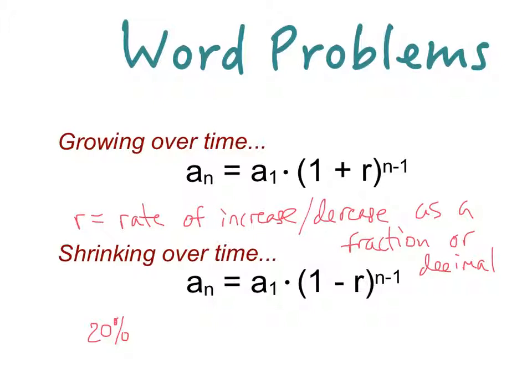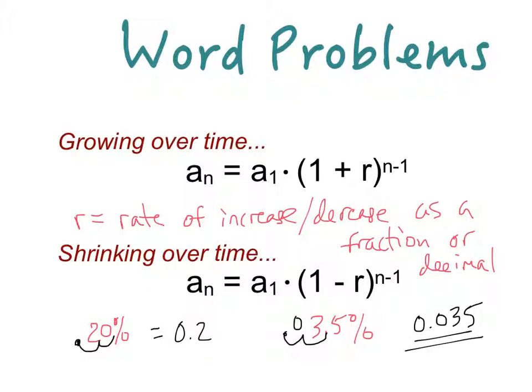And the decimal version of 20% is, sliding the decimal over, 0.2. 0.2 would have to go in for R. Or if the rate of decrease was 3.5%, you can't plug in 3.5%. 3.5% as a decimal is 0.035. That is the number you would have to plug in for R. A1 is still referring to the first term in the sequence, or the starting value.